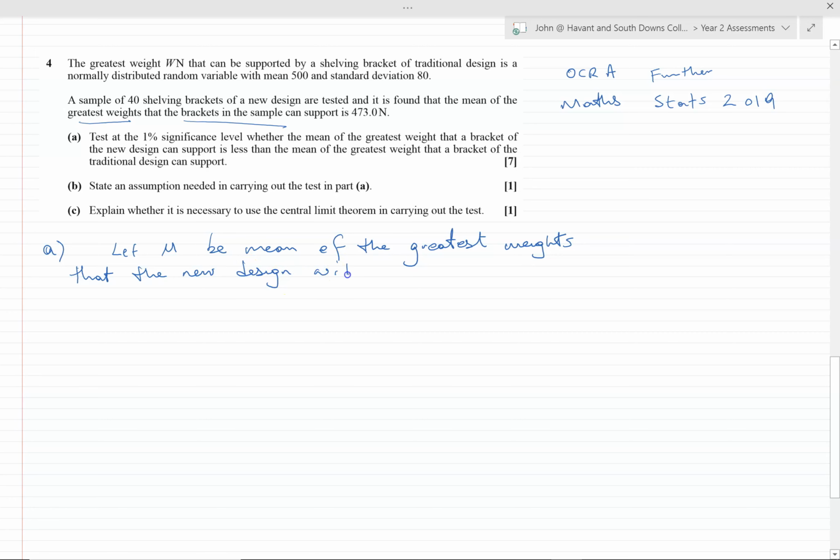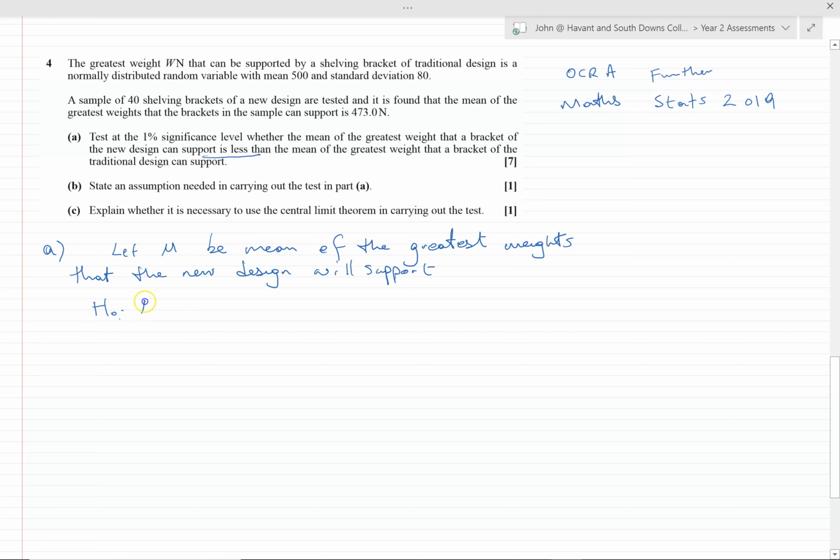Okay, and then we're testing at 1%, and we're looking at whether the mean weight the new design can support is less than the traditional one. So that means that we're doing a one-tailed test. The null hypothesis is not always involving an equality sign.